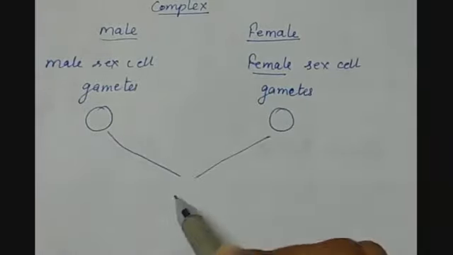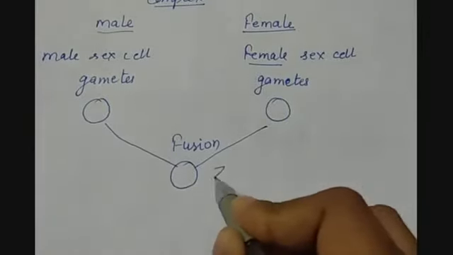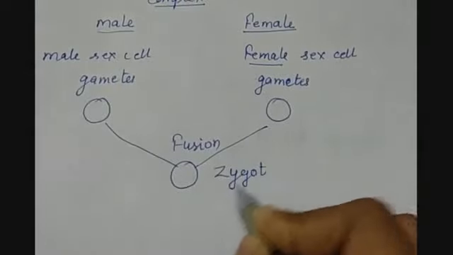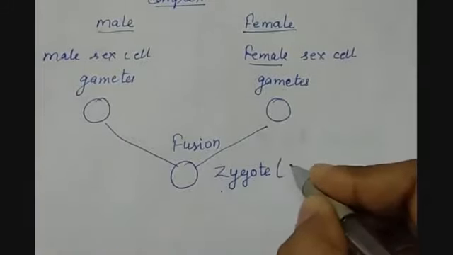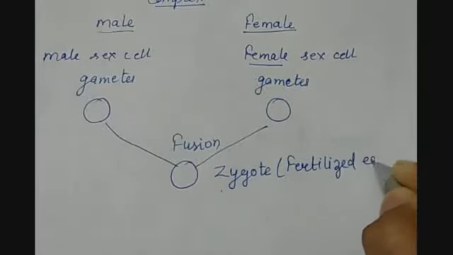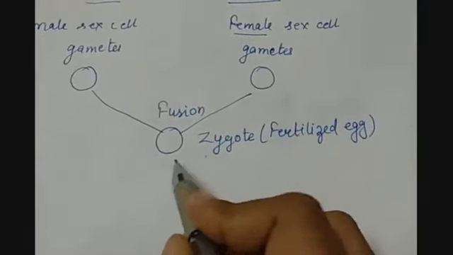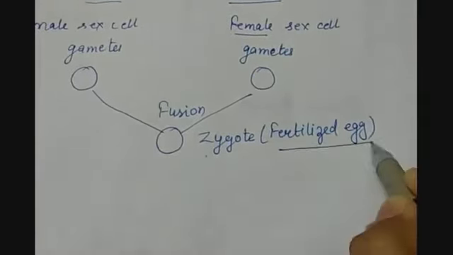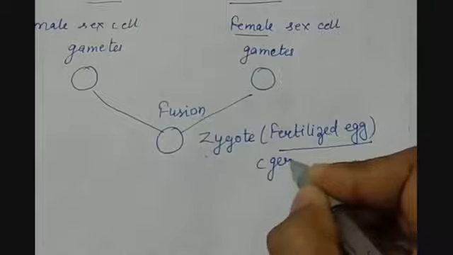Fusion takes place and one cell is formed. By their combination, one new cell is formed. This cell is called zygote. It is also called fertilized egg, or the germ cell.